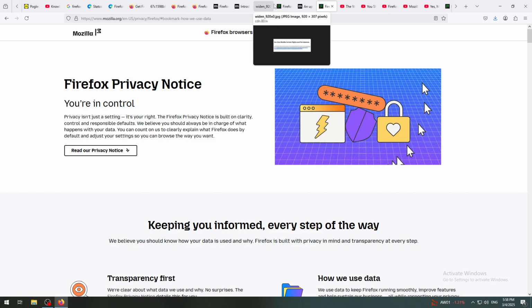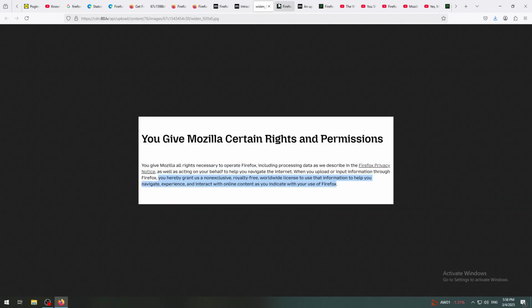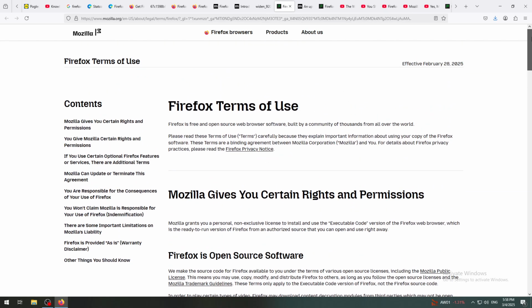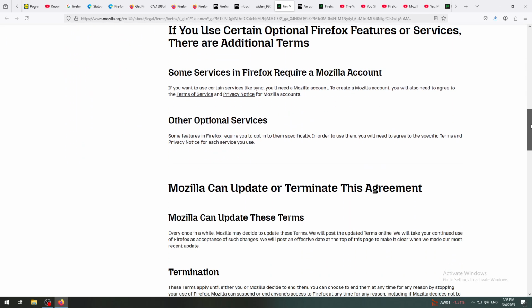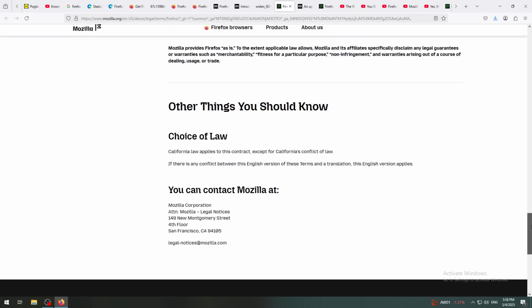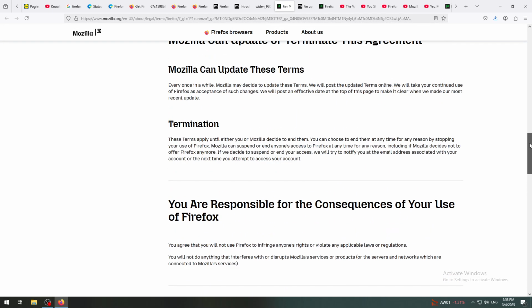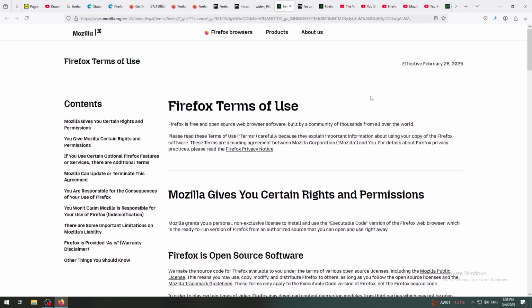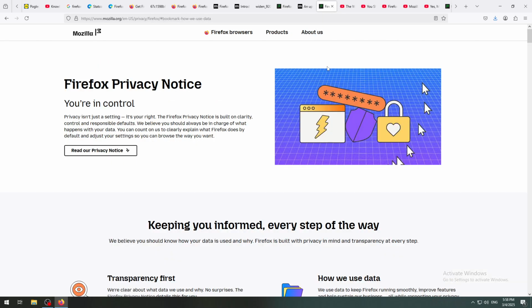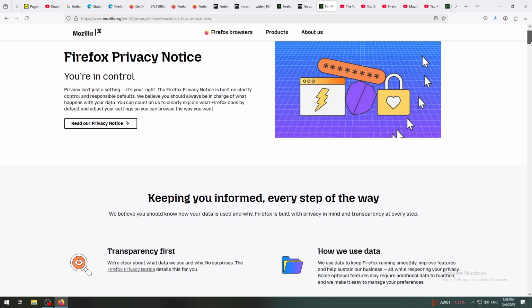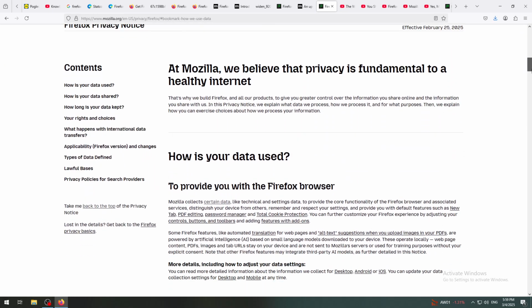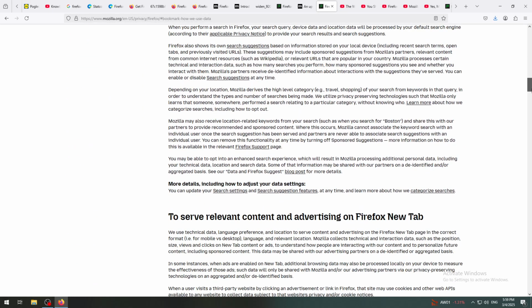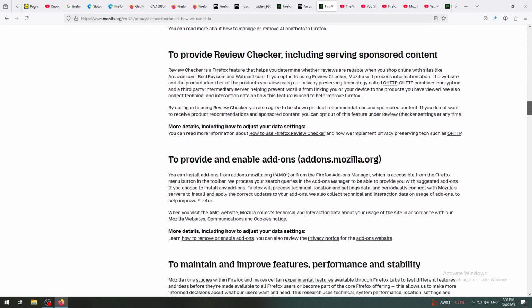So terms of use is one page. You have to read it, you have to agree to it, and on that page you have a couple of links to other pages, but this is only one thing, terms of use. The other is privacy. So they are connected obviously, but they're not the same, and you have to read all of this and agree, and also lots of links and stuff here.